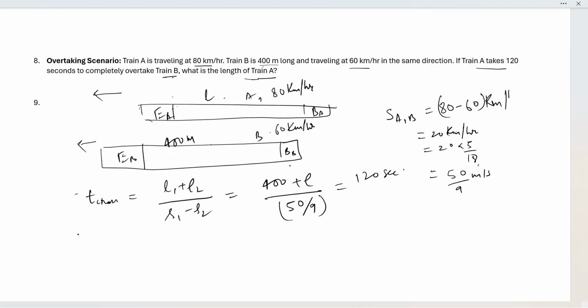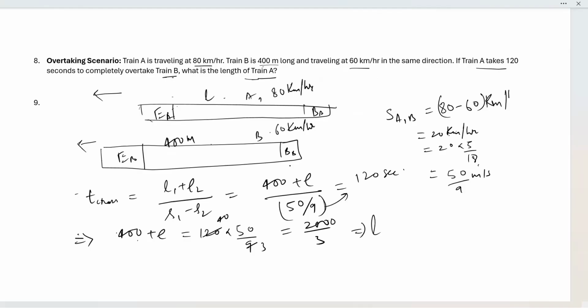So solving it, 400 plus L, this goes there. It is in the denominator, it will go there, multiply. 120 into 50 by 9, 3 3, so this becomes 2000 by 3. So L, 400 over here is in addition, it will go to the other side and become subtraction.